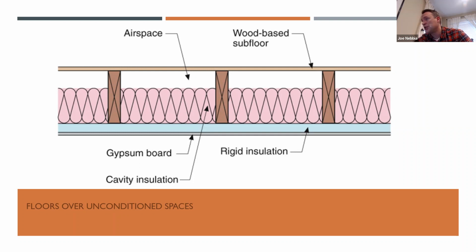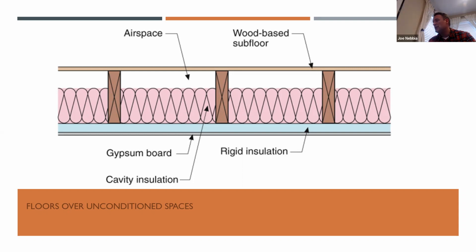The next option is, as is shown here, in permanent contact with the sheathing of the space below. So if you had a cantilevered balcony, something like that, or any cantilevered space in the house, that floor, the insulation could be installed against the sheathing of the space below, which is just air in that case.